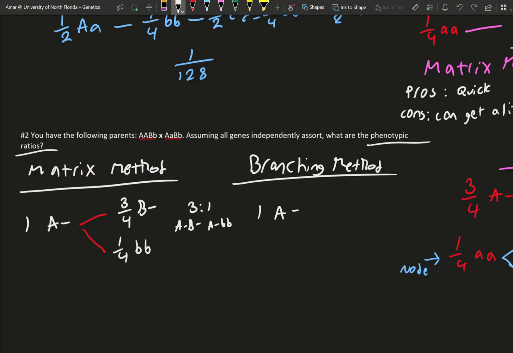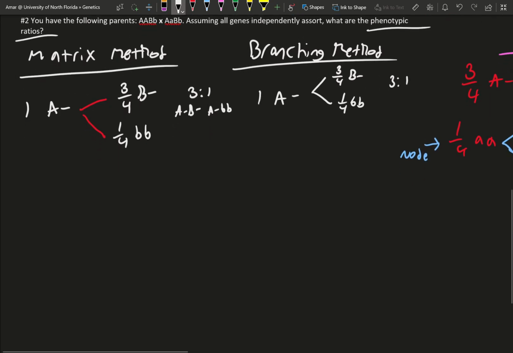And because we have two products in the B gene, this node is going to get two different branches. And then you'll get an answer of 3-to-1. But let's do another one where the question is asking you for genotypic ratios.